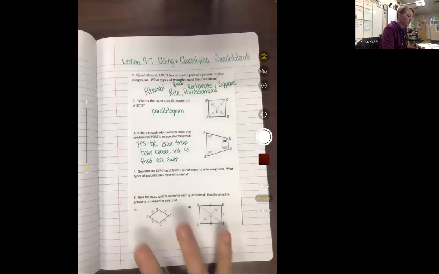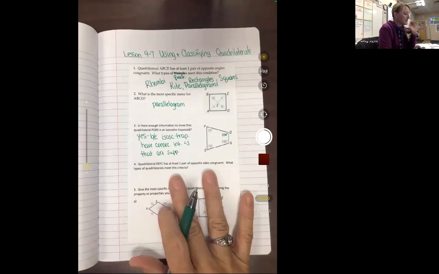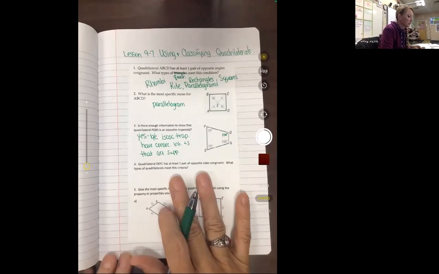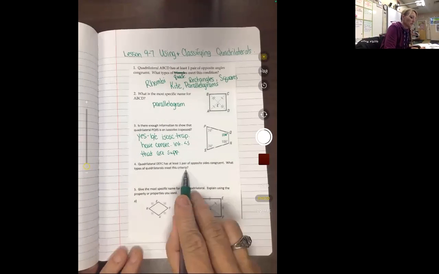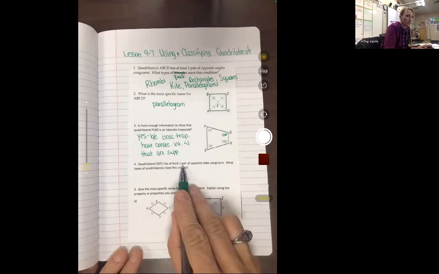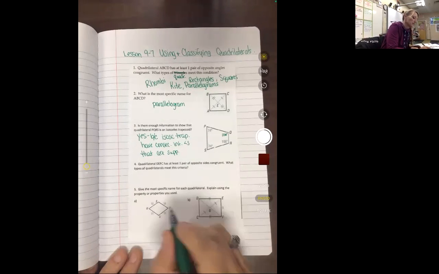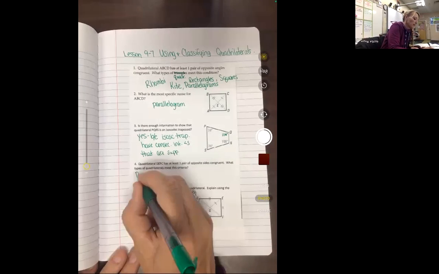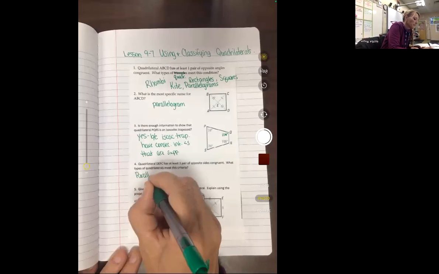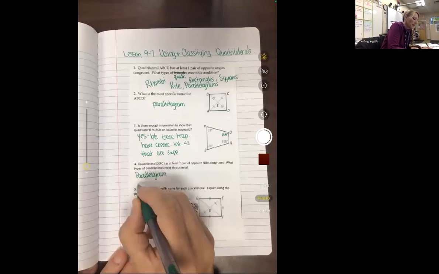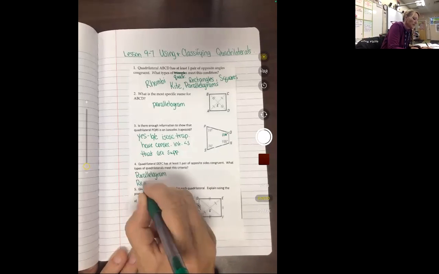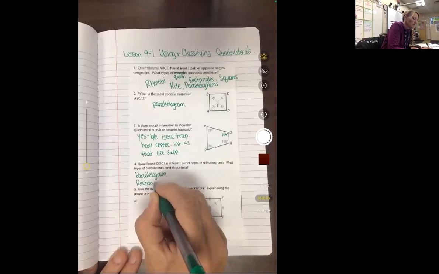Okay, so quadrilateral DEFC has at least one pair of opposite sides congruent. What types of quadrilaterals meet this criteria? So at least one pair, which means it can have more than one pair of opposite sides congruent. So that would be a parallelogram. A rectangle has two.